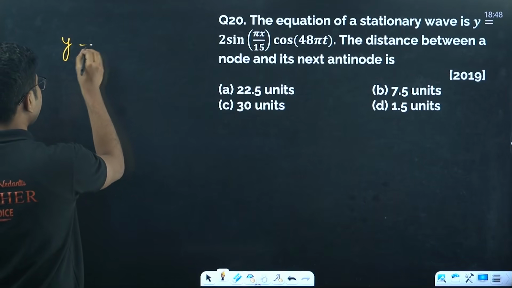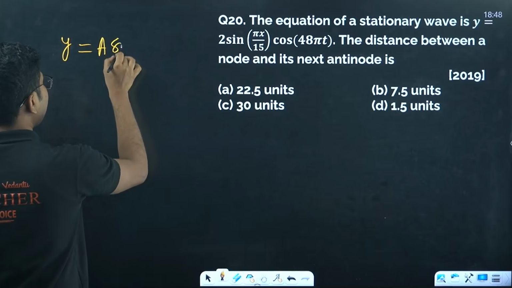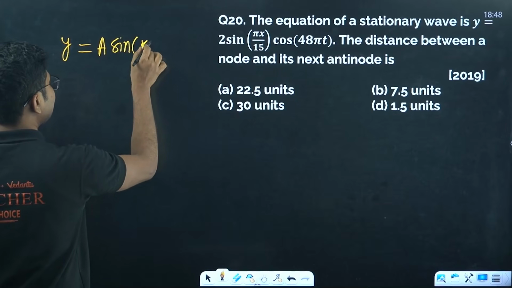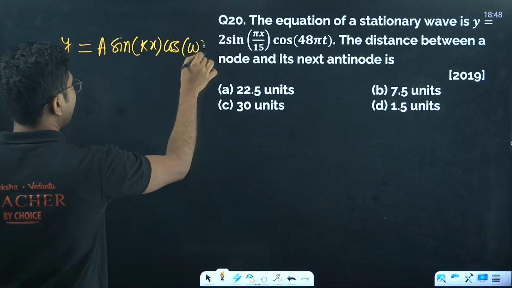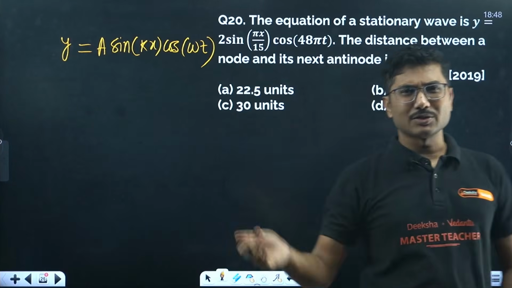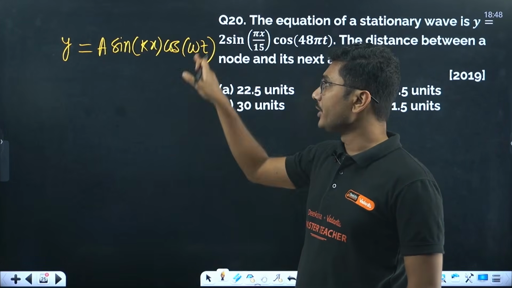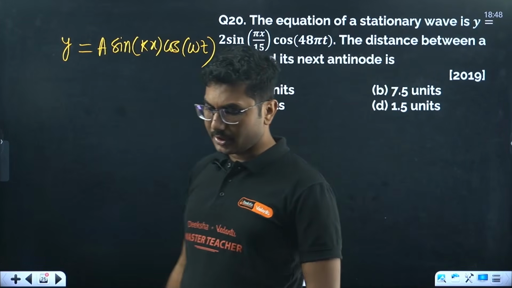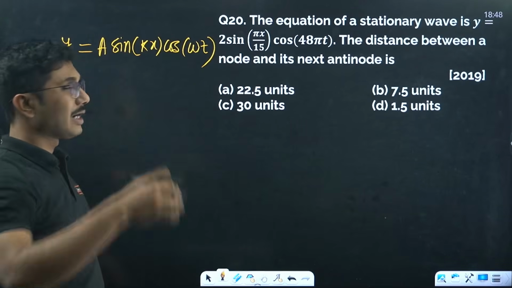Normal equation for stationary wave is given by A sine kx into cos omega t. I mentioned kx minus omega t, which is wrong because it's stationary, so it is not vibrating, so there is no minus omega t term over here. It will be simply sine kx and cos omega t.